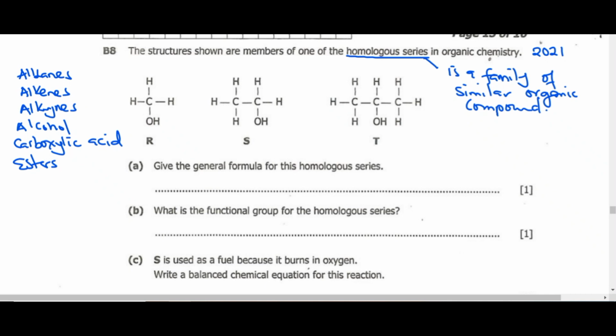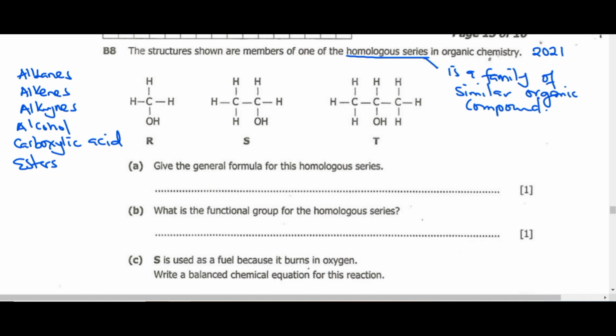As we go through this lesson, we are going to come up with different formulas that will help in identifying the structures which are given. So the first question is: give the general formula for this homologous series.